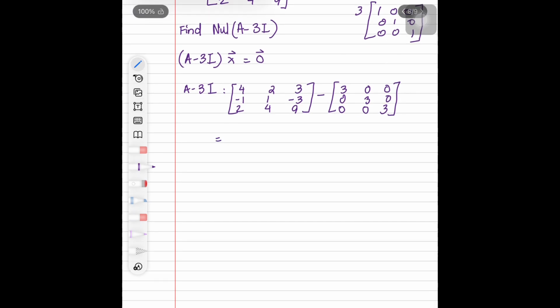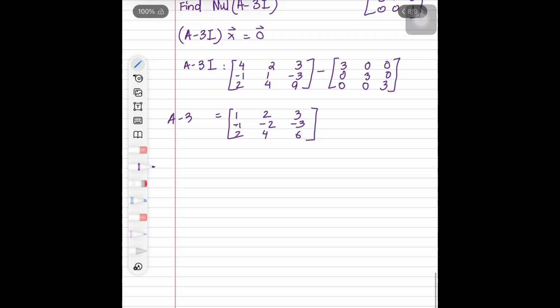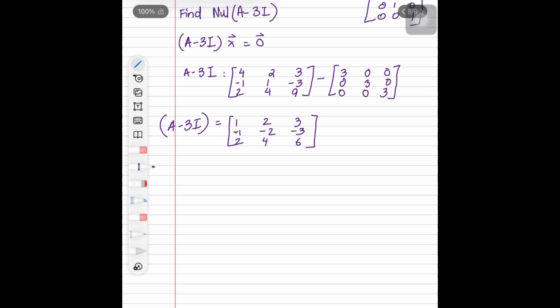So over here we're getting this matrix right here, which is basically equivalent to A minus 3I. Now let's go back to this equation.